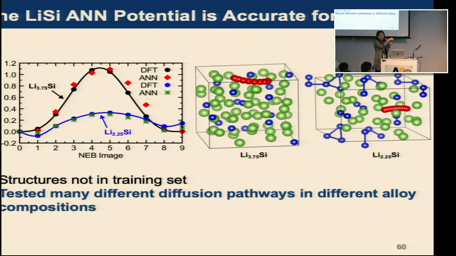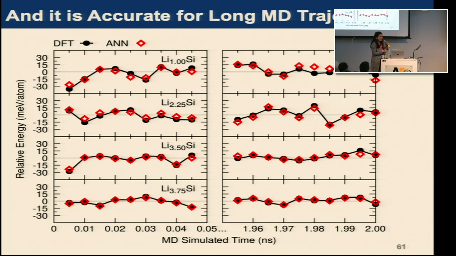This is just to show an example that in these different compositions, it can already really get accurate results. And then we also use it in MD simulation, in this case a very long MD trajectory, and all of that is also not included in the training set. I mean, DFT and the neural network potential predict with the same accuracy.